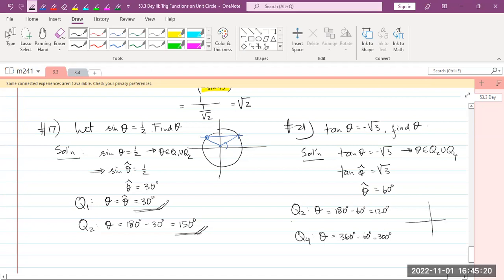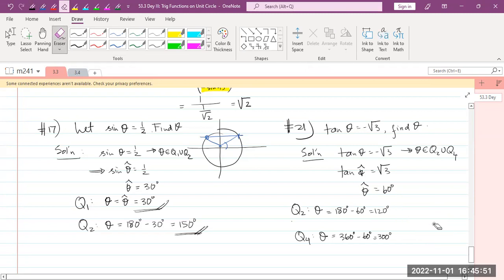In quadrant 2, reference angle 60 degrees, this one, right? Okay, so what will this be? That's 120 degrees. Now, on the other hand, if the angle is in quadrant 4, what is the angle in quadrant 4 such that the reference angle is 60 degrees? Then this part here must be 300 degrees. Okay, try to picture it.